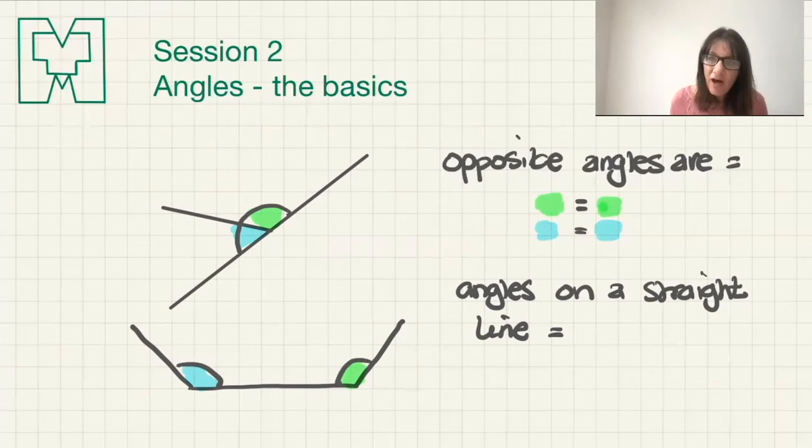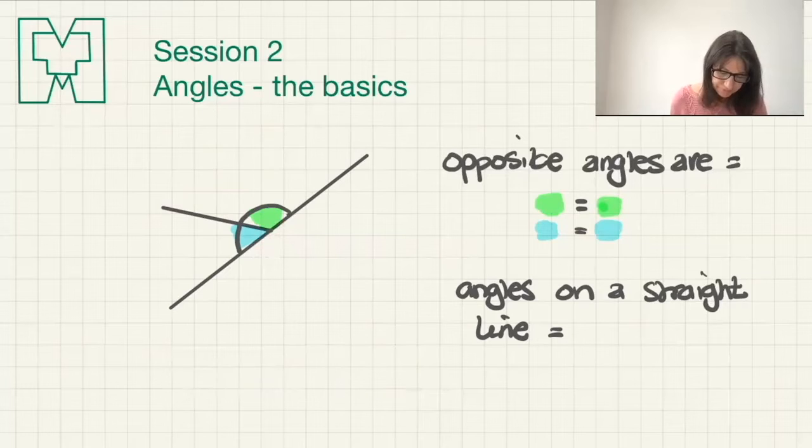They don't make half a moon. They are completely in different places on that line. So the rule, angles on a straight line, are referring to angles that sit together and make half a moon. They don't refer to this. So don't make that mistake. All right. So let's get rid of that.